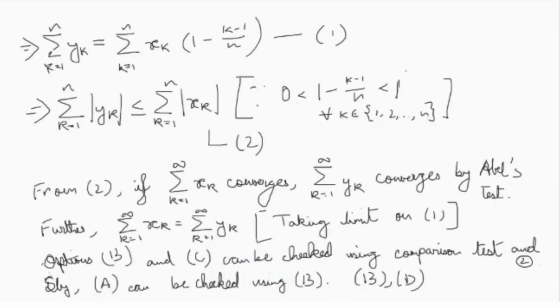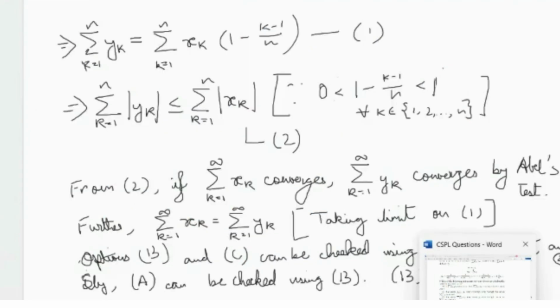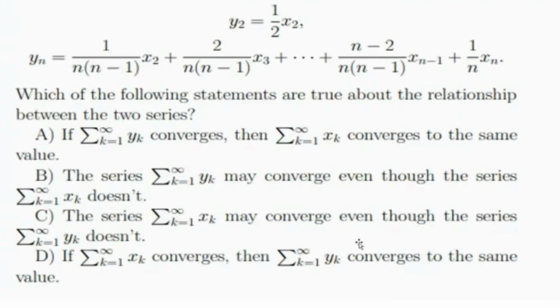And let me get back to the options. Options B and C talk about the convergence of summation yk if summation xk doesn't converge, or summation xk if summation yk doesn't converge.